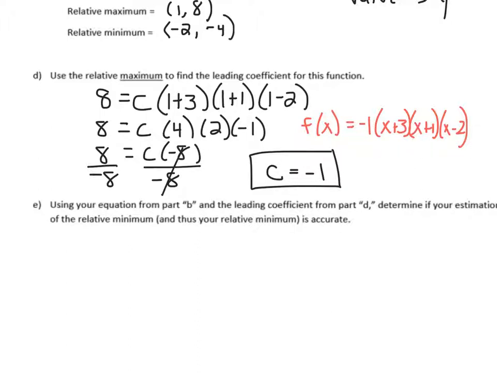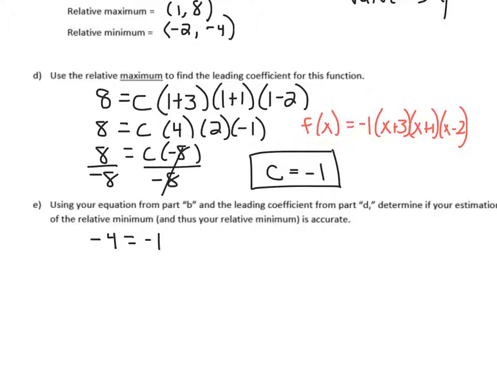Okay, so again, we're using the relative min. So f of x, which really means y equals, I'm going to replace with our y value of negative 4. Okay, then I'm going to bring down my equals. I'm going to bring down my negative 1. And then here you could see we have in parentheses x plus 3. Well, I'm going to replace this x with the x value of our relative min.